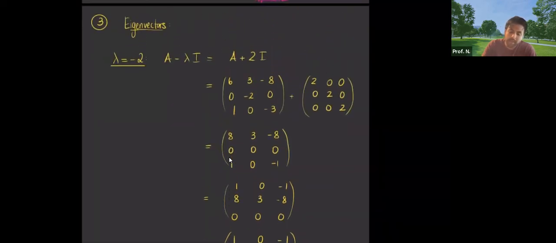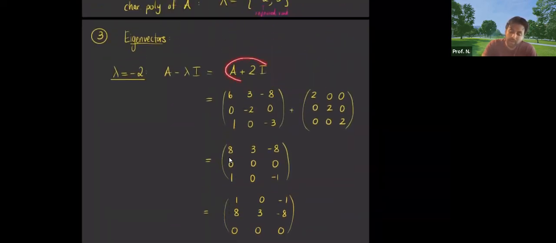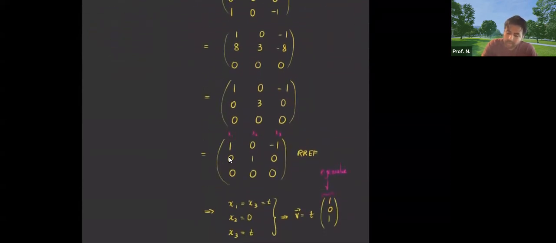This is my eigenvector. Because this is an eigenbasis for the eigenspace, which is the null space of A plus 2I. Okay?